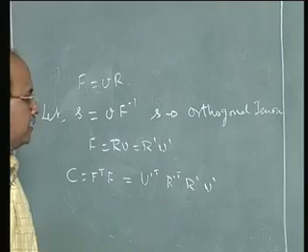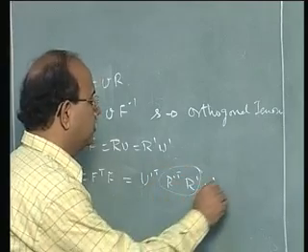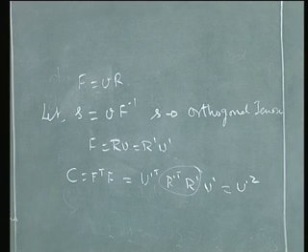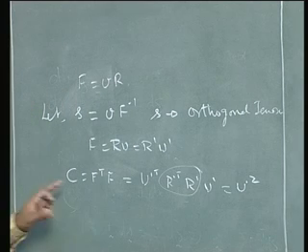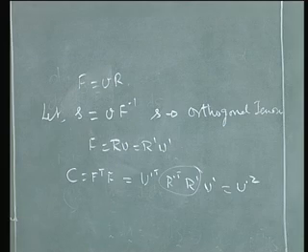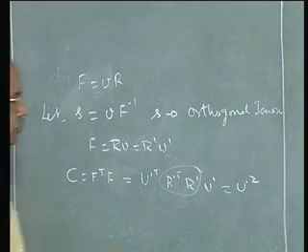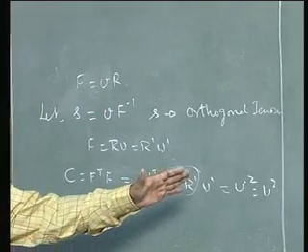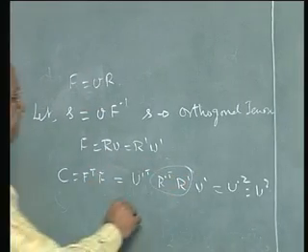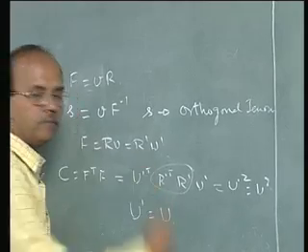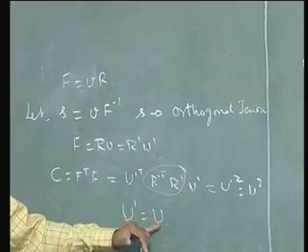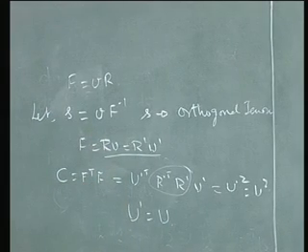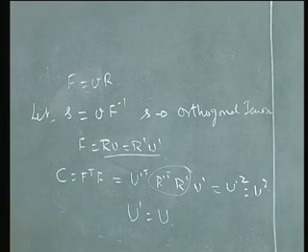So what happens to this? This goes to I, so that becomes U prime squared. We already know that F transpose F is equal to U squared, that's how we had started the whole thing. So U prime squared is equal to U squared, which means that U prime is equal to U. So once U prime is equal to U, obviously this condition gives me the fact that R prime is equal to R. So the decomposition is unique.